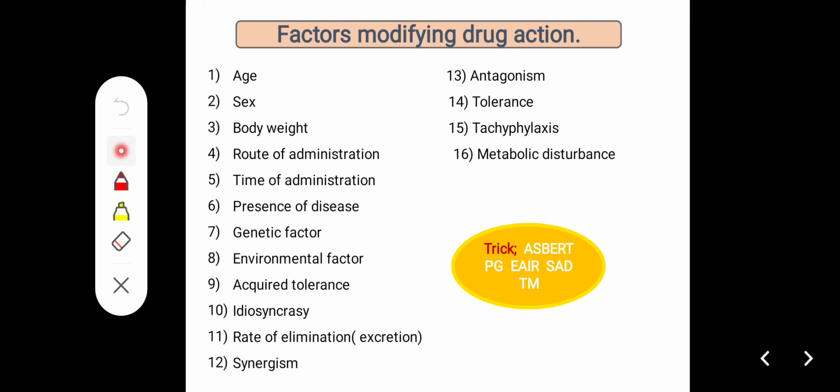This is the main objective. A means age, S means sex, B means body weight, R route of administration, T time of administration, P presence of disease, G genetic factors, E environmental factors, A acquired tolerance, I idiosyncrasy, R rate of elimination, excretion, synergism, antagonism, tolerance, tachyphylaxis, metabolic disturbance.